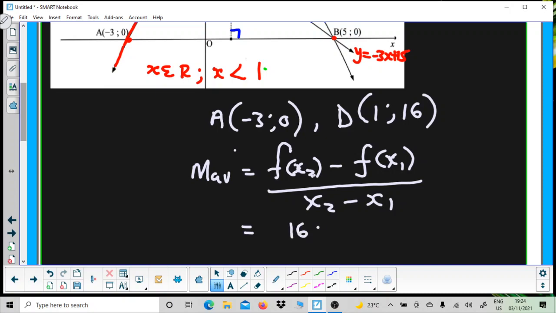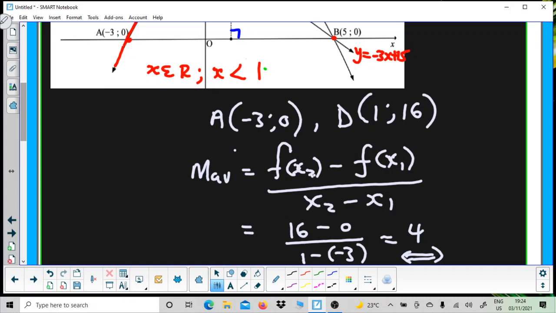Can you see how I'm going to say 16 minus 0 over 1 minus -3? So what will be my gradient for this one? Did you say 4? Okay, so the gradient here is +4. That will be the average gradient between the two.